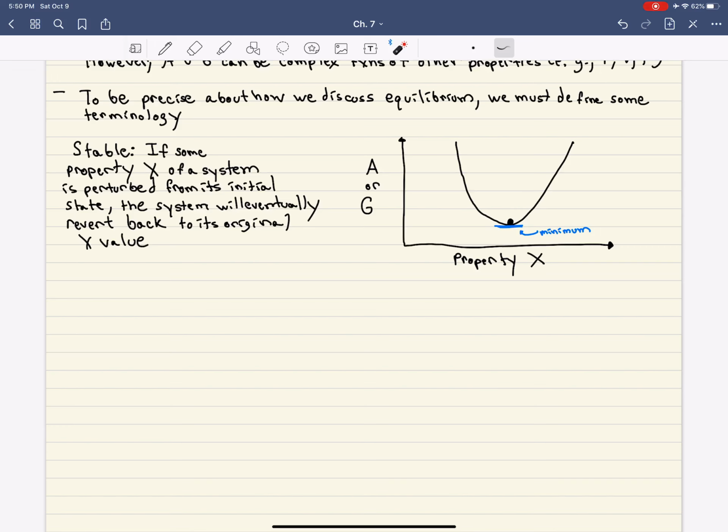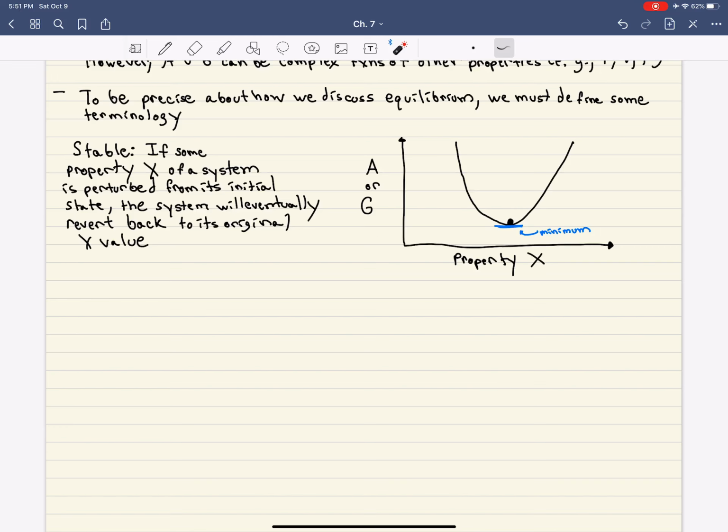Okay? And then let's say you do something to the system to quickly change x, or perturb it. So if you had a piston cylinder system, imagine that initially the system was stable, and then you quickly applied a force on the piston to compress it.